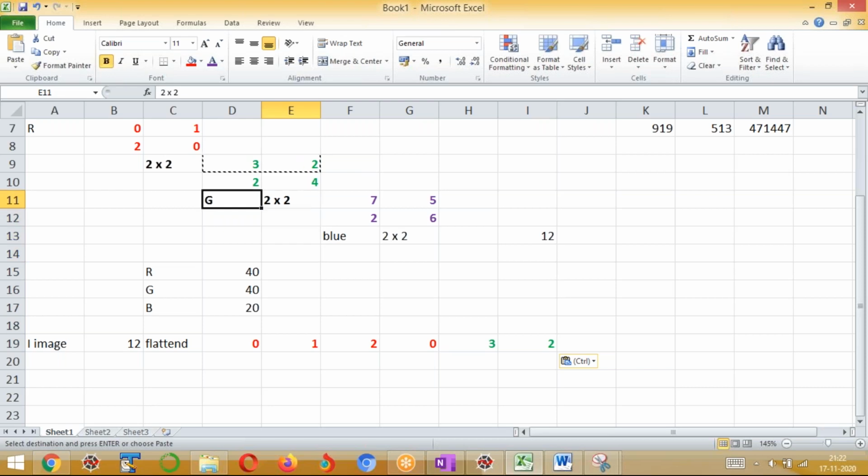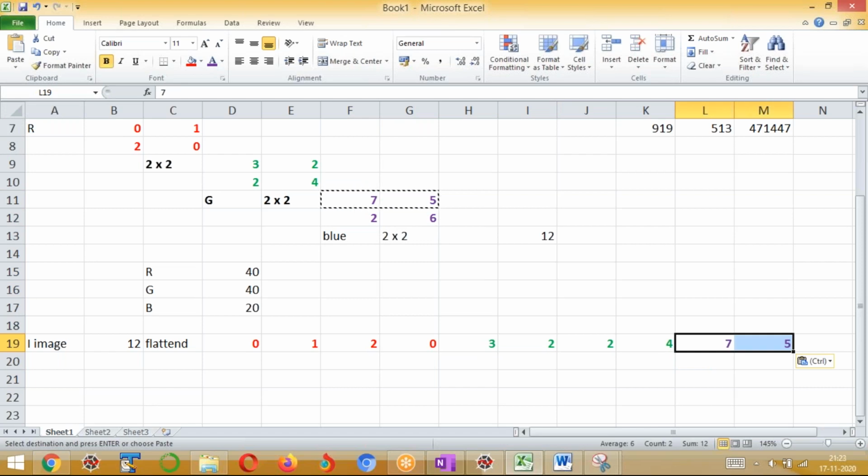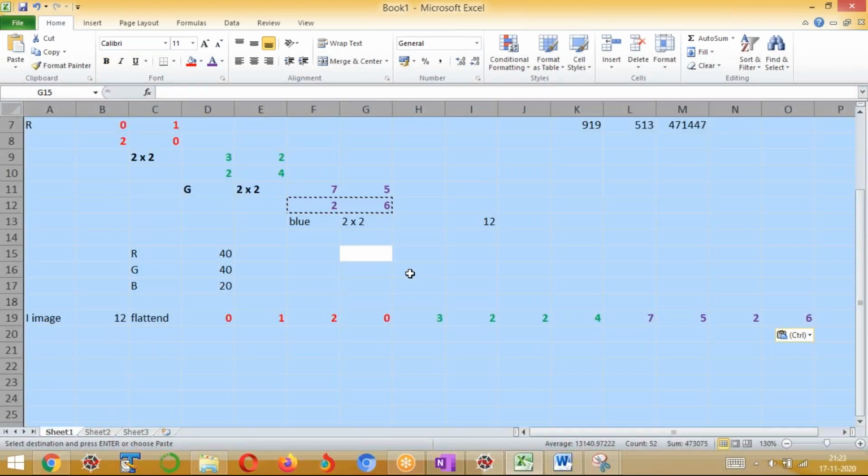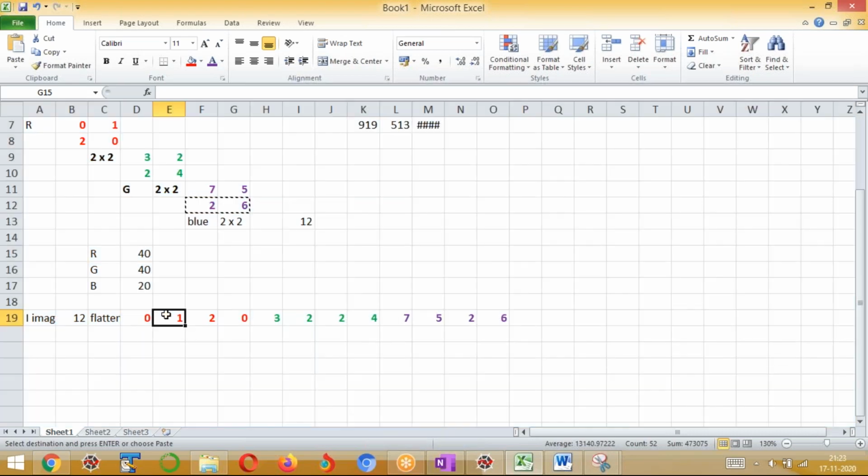Hope you are able to follow what I'm trying to do here. Now when I pass one image, how many values is it converted into?